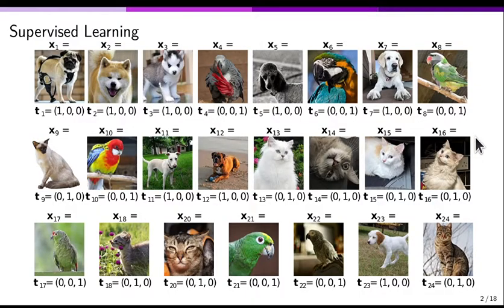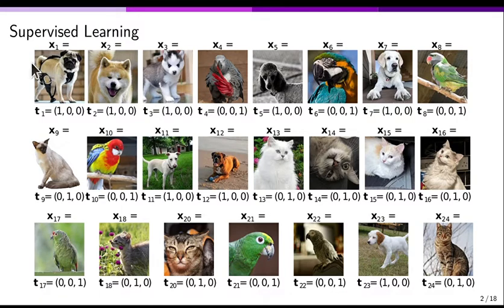Okay, so let's start with the standard thing that people do with neural networks, which is supervised learning. This is a situation where you have a big giant set of data. So you have, all right, here is an image, another image, another image, and another image.